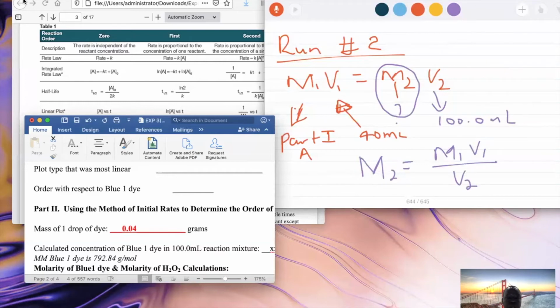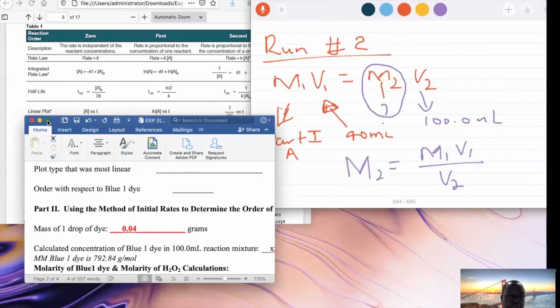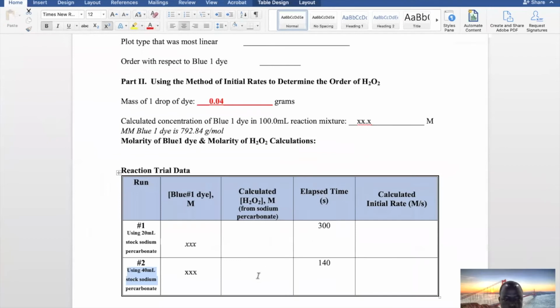That's what you will use to fill in the table for the concentration of peroxide. Remember, this is the concentration. That's why we're using M1 V1 = M2 V2, the dilution law, to find the concentration.